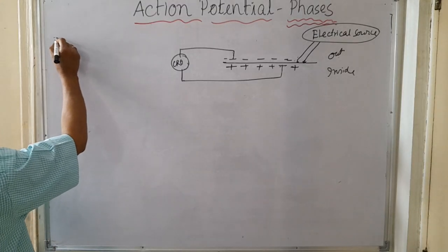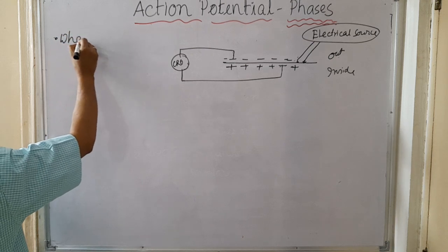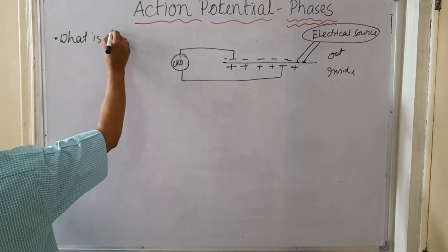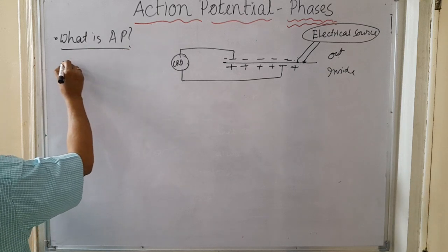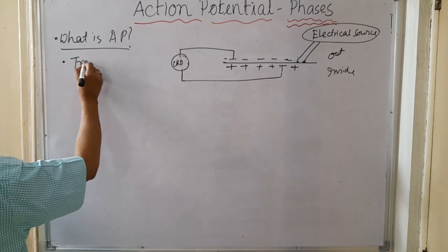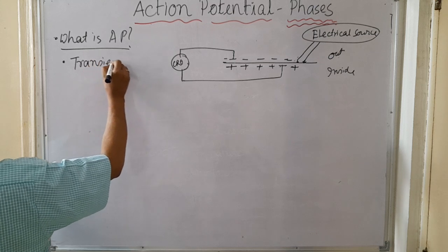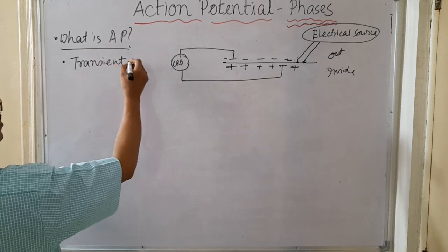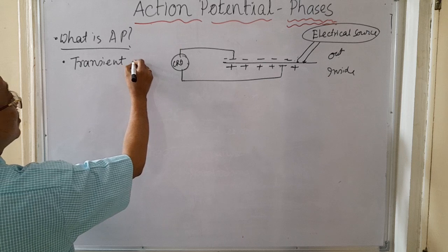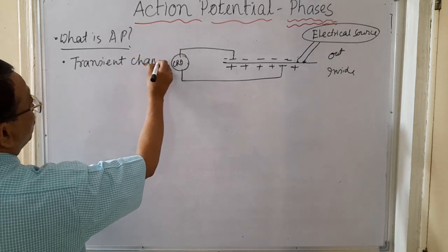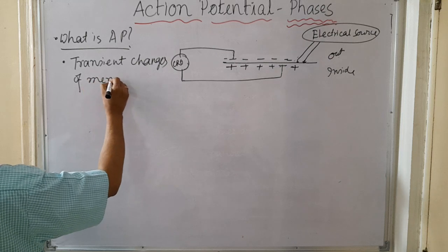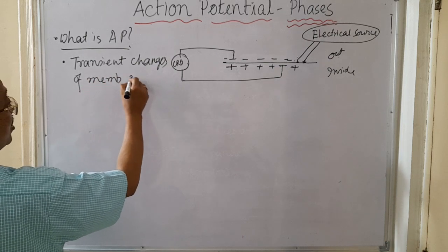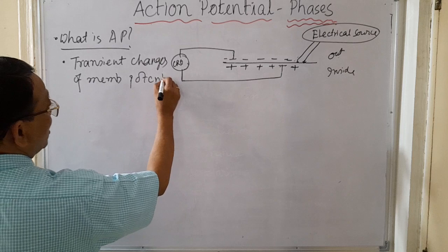So, what is action potential? This is a very transient or momentary change of the membrane potential. And what type of change?